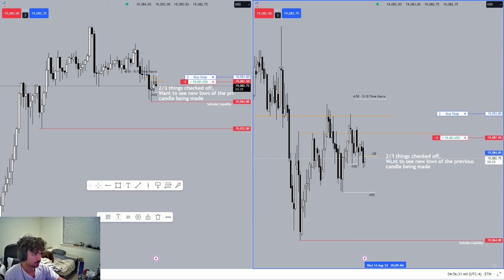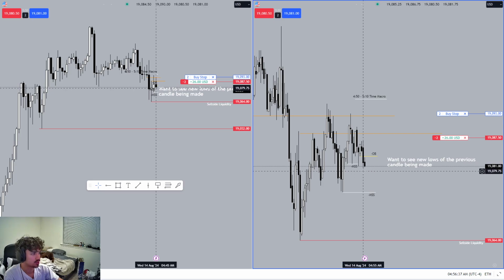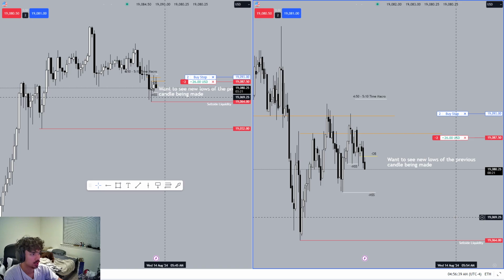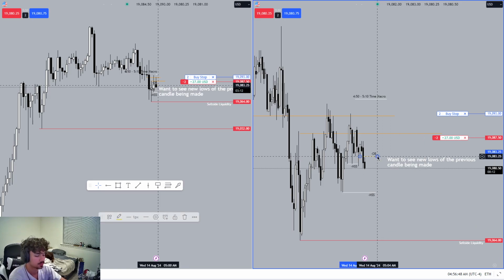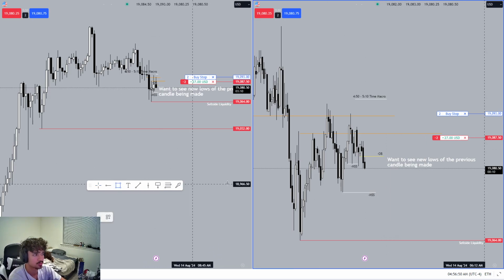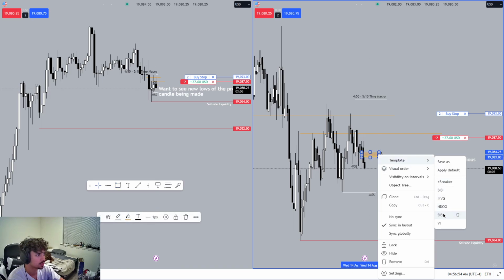So what I mean by that is that this previous candle's low should get taken out like that, and we want to keep seeing that. Okay, we should have a fair value gap in the form of a CISI here now.